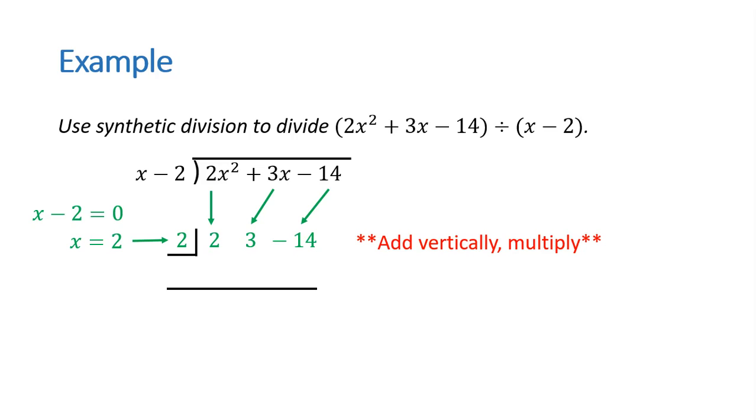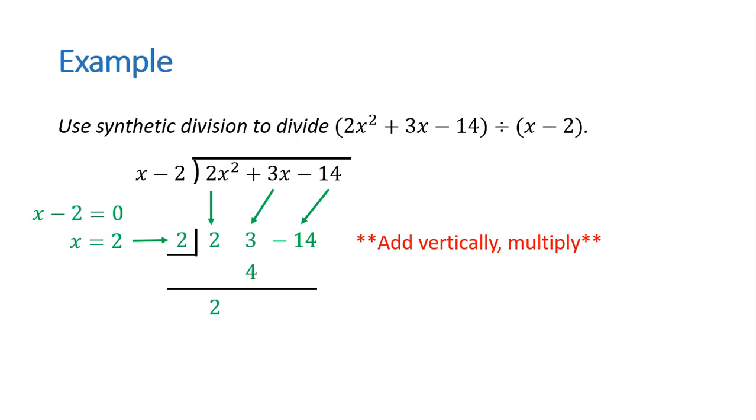So take the first column, the 2, the one outside the box, add vertically. Well, there's nothing to add with it, so essentially we're adding 0. In other words, we just bring down our 2. Then we're going to multiply. So whatever is underneath the horizontal line, I'm now going to multiply with whatever's in the box, and I'm going to put that underneath the next column. So in this case, I line it up under the 3. Then I'm going to add vertically again.